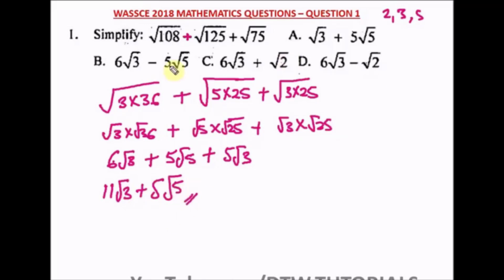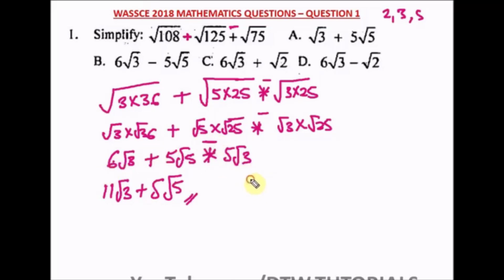But we can see here our answer is not in the options, so it means that there's a typo on this question. But checking through on my own, I think this positive is supposed to be a negative sign. So if this is a negative sign, let's cancel this. This will be negative, this will be negative, it means this also will be negative. So if we have a negative sign, we are going to have here 6 minus 5.